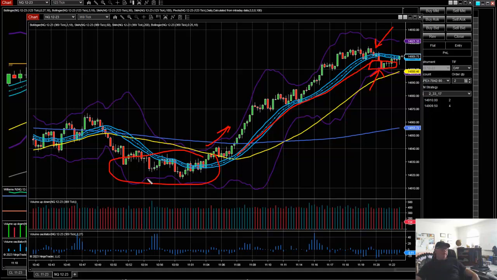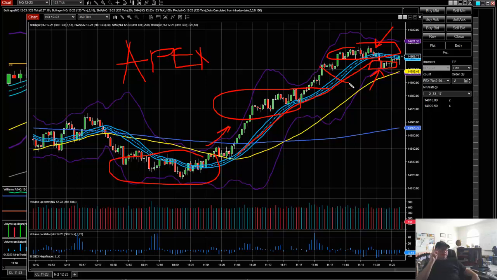But if you would do this at Apex with their system, these little pullbacks will kick your ass coming back. Now that one didn't pull back too much, but it's hard to have a trailer at Apex.